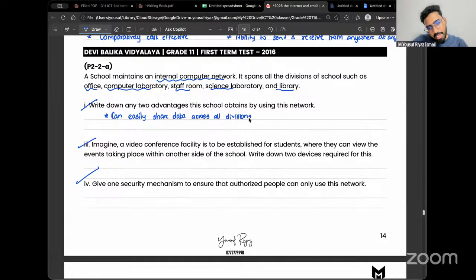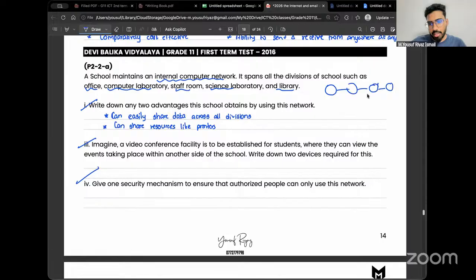Another advantage is that you can share resources like printers. For example, if you have a network and let's say 4 devices are connected to it, I can also connect a printer to the same network.